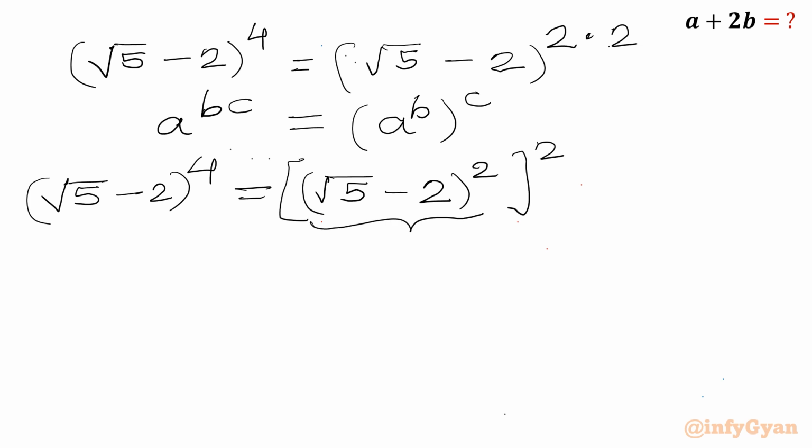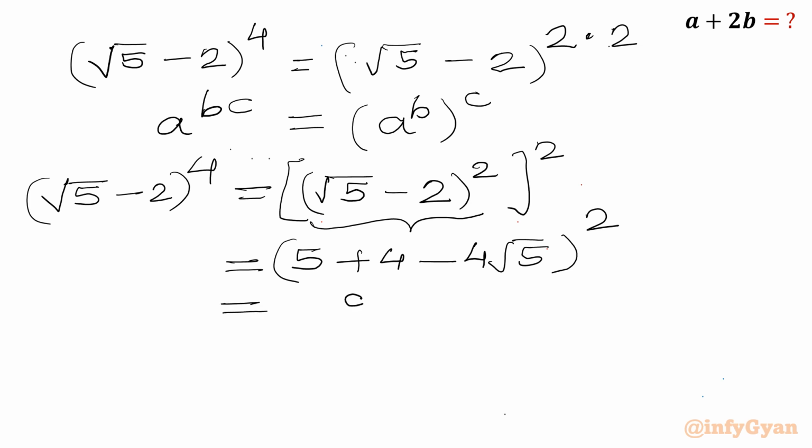Let us expand. So I will consider the a minus b whole square formula. A square, so 5, plus b square, so 4, minus 2ab, so minus 4 root 5. This will be with power 2. Now 5 plus 4 is 9 minus 4 root 5 whole square.